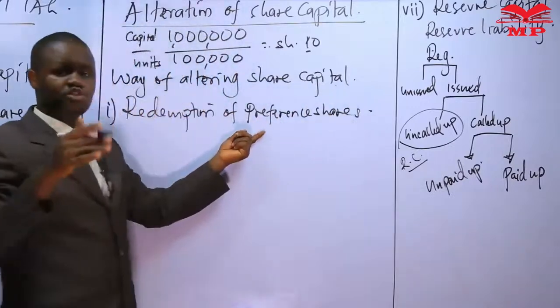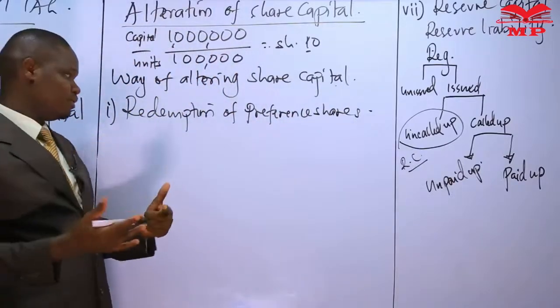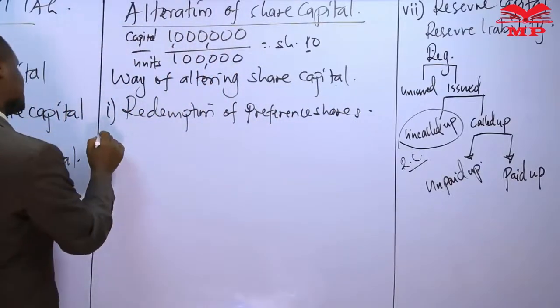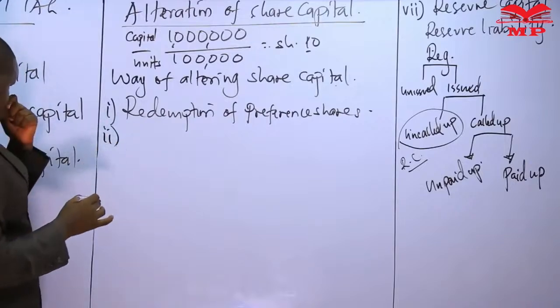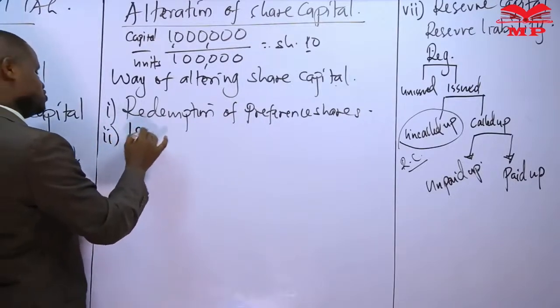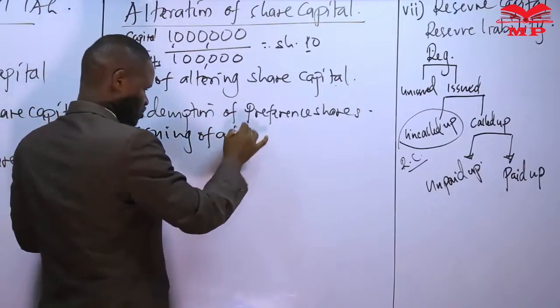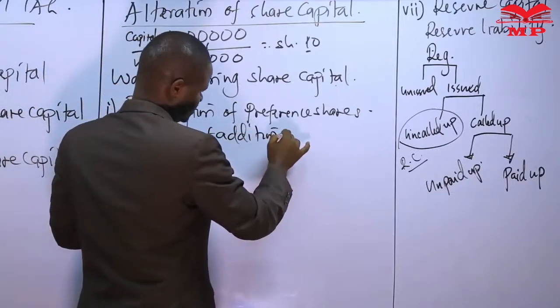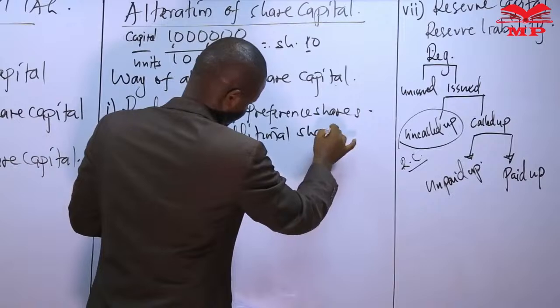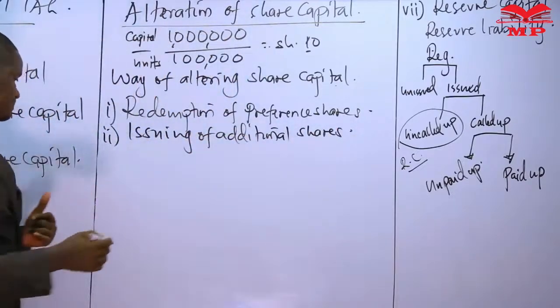So these have to be the sort of preference shares that are redeemable that we have previously looked at in our previous topic. We could also have issuing of additional shares. Issuing of additional shares is a possibility.